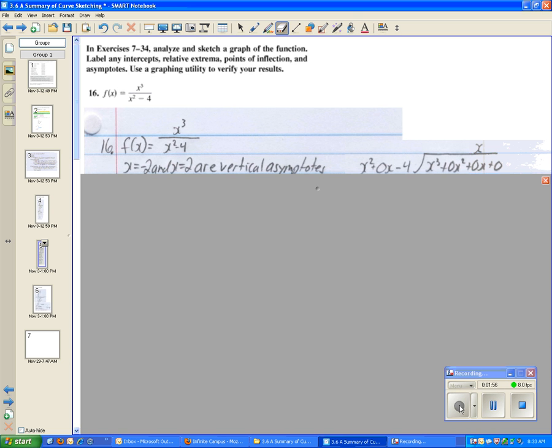So the long division looks kind of scary. All right, so we get it set up, and then here's how you do the long division. Are you good with holding the places, putting the 0x and the 0x squared in there to hold places?